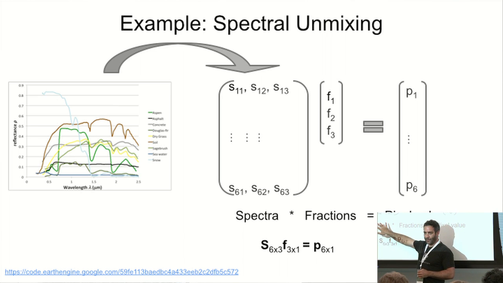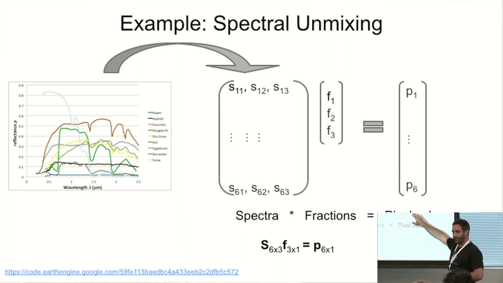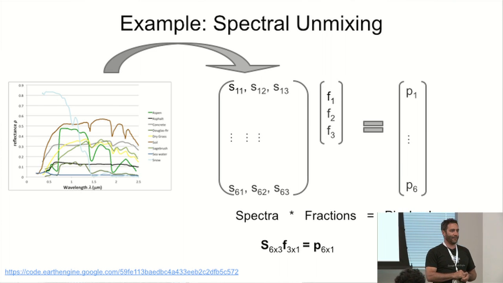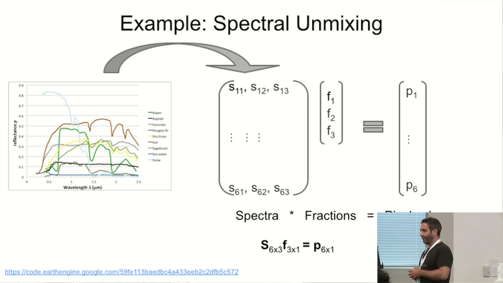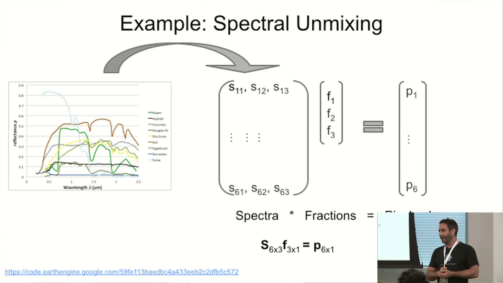What's known are the end member spectra and the observed pixel vector. So the question is, what happens if you leave out an end member? Right. Then your model's wrong. And the map will be wrong too.